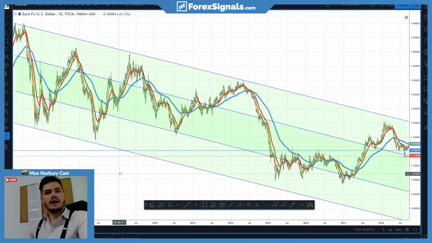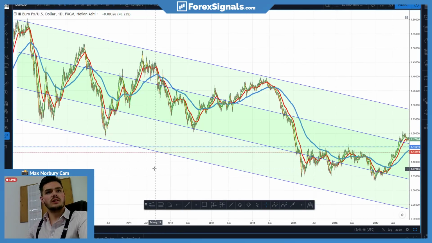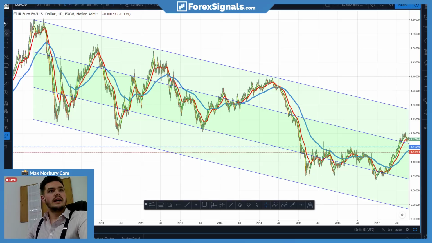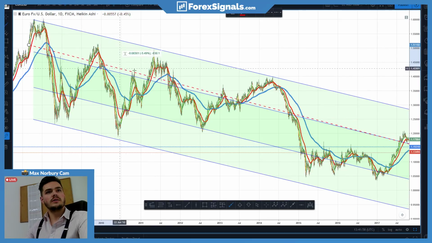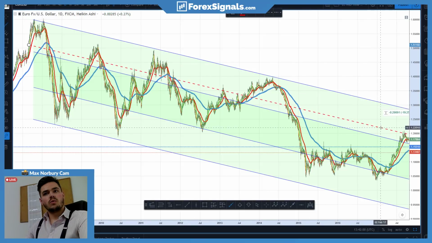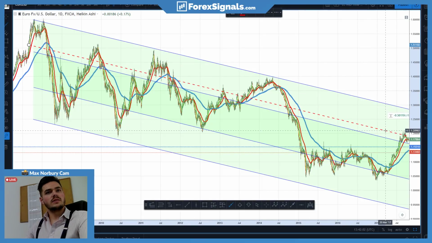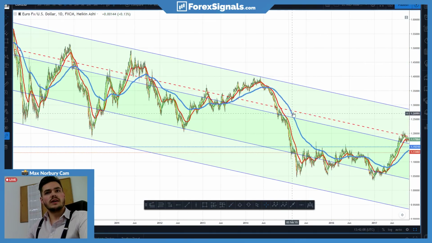So I need to zoom out a little bit more just so I can see the lines of interest here. And I'm going to be getting my ray, starting from the top of the trend, and I want to be working my way down. So let's say I'm going to start one here, and I want to be looking at that area right there. So that's a big red line.